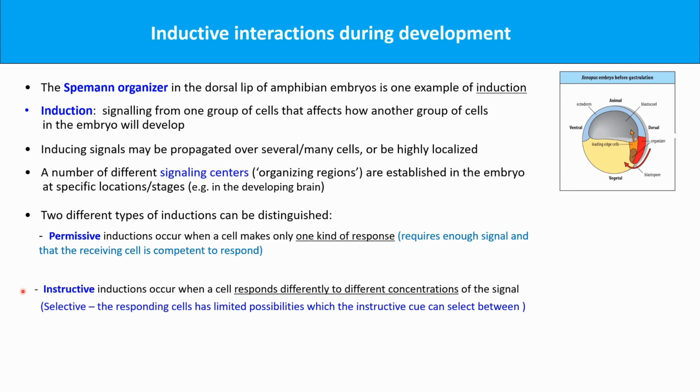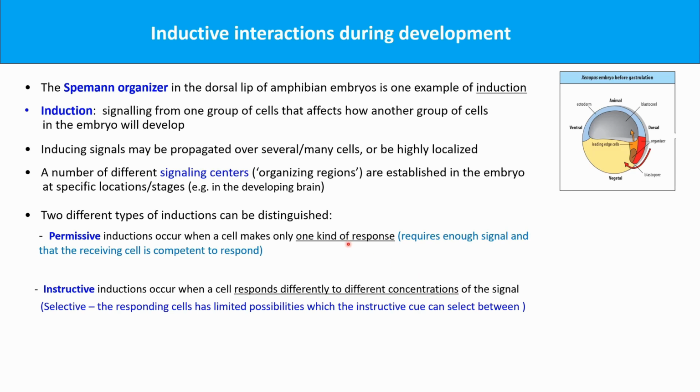The other type of inductive cue is instructive. Instructive inductions occur when a cell responds differently to different concentrations of the signal. It could also be thought of as being selective, in that the responding cell has limited possibilities which the instructive cue can select between.